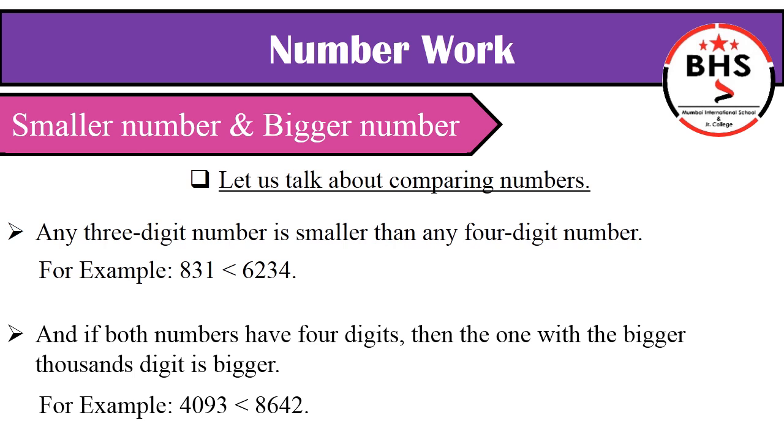In 4093, 4 is at the thousands place, and in 8642, 8 is at the thousands place. Children, which is the bigger number, 4 or 8? Yes, 8. So it means 8642 is the bigger number.